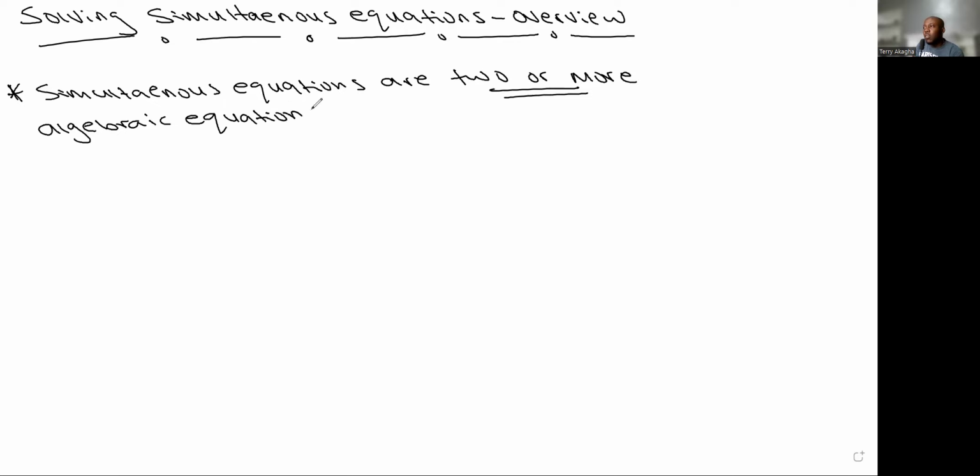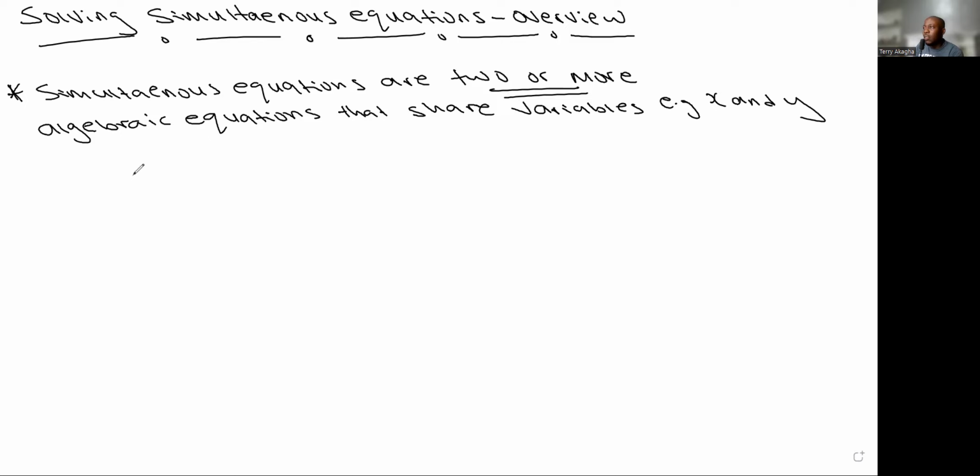What is common is that they share the same variables. In some cases they share, for example, x and y. So these two equations share the same variables.